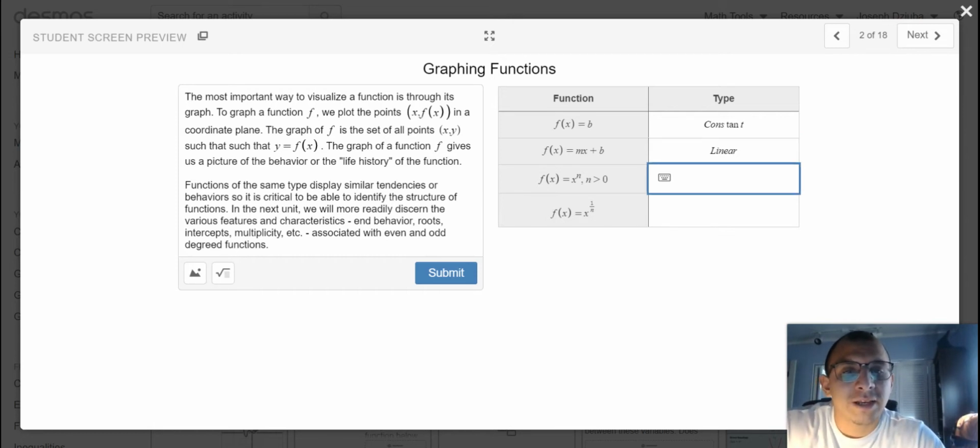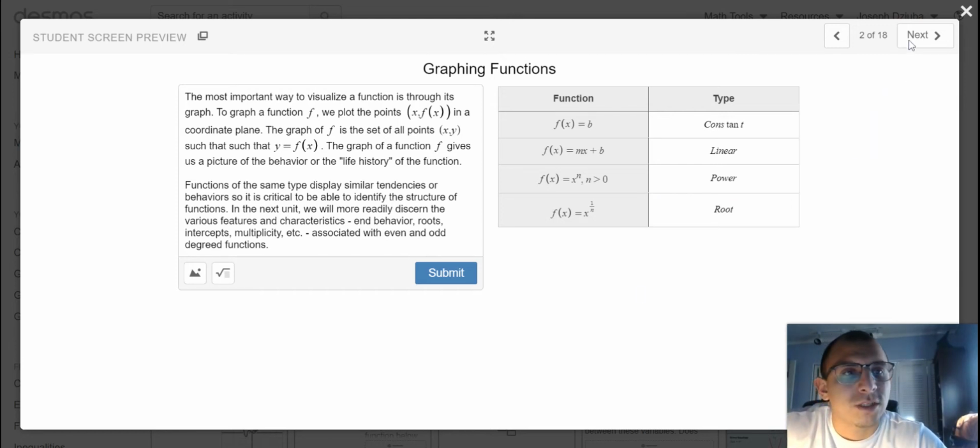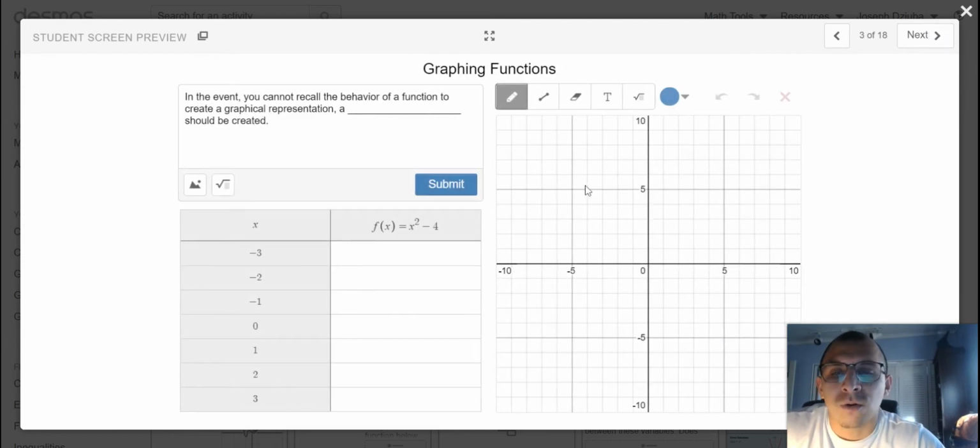F of x equals x to some power of n, with n being greater than, that should not be 0, that should be 1. That would make it a power function. And then this last expression here, f of x equals x to the 1 divided by n, we would call a root function. Those are all part of your definitions for today's video, so you should be able to connect the dots.